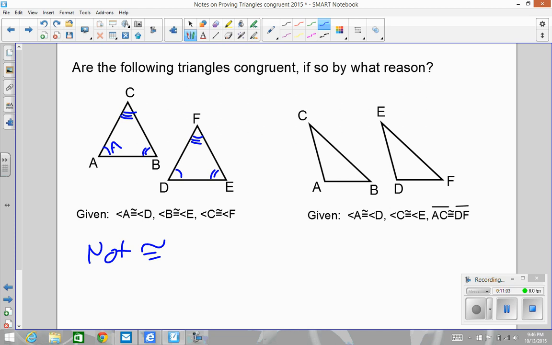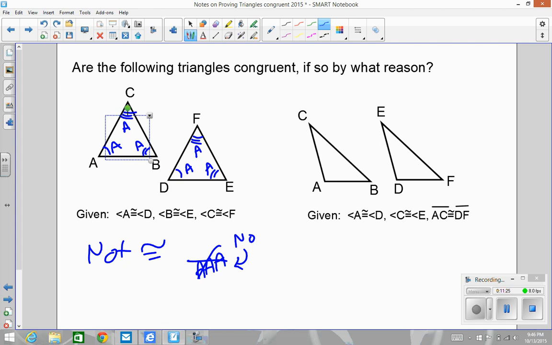Because if I put the letters in here, there's an angle, there's an angle, there's another angle. And so that'd be angle, angle, angle. And remember I said there's no roadside assistance? That's because there's no AAA, which they use to help you with roadside assistance. That does not work. That does not prove triangles congruent at all.